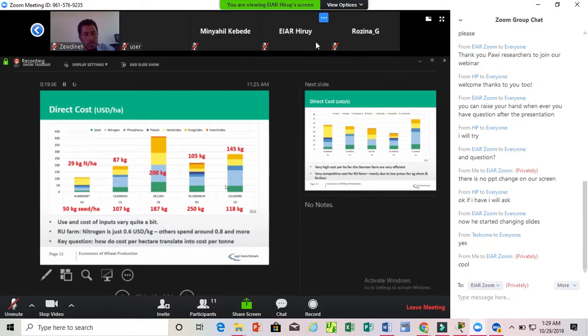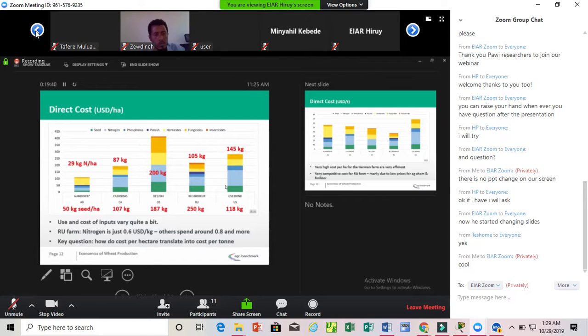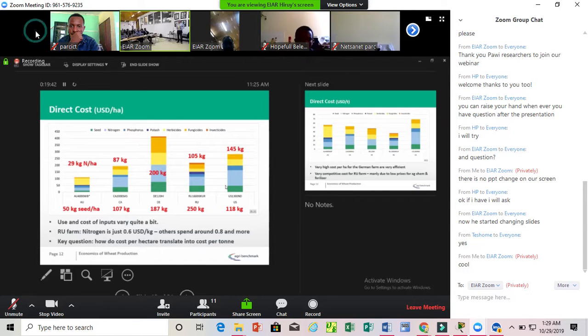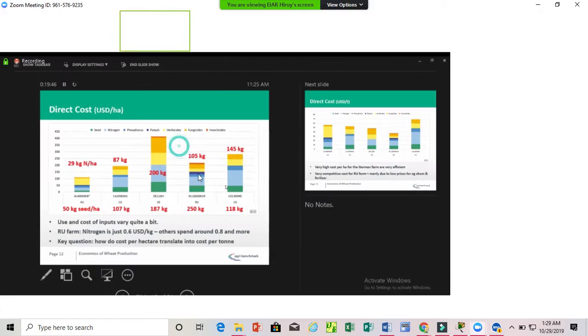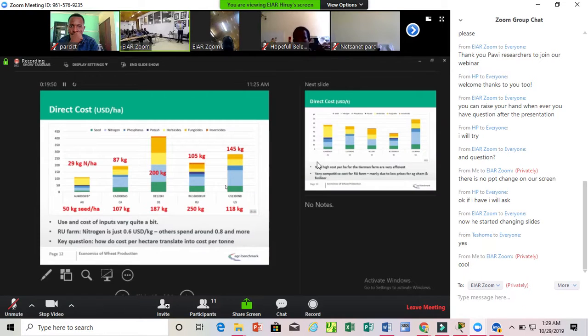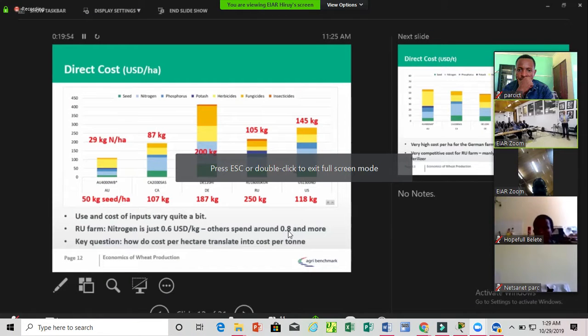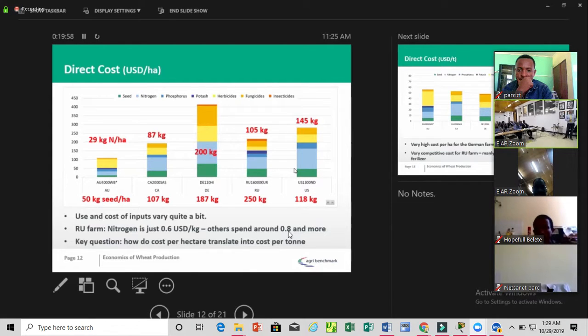The other key indicator, which I also wanted to share with you here, is the amount of seed that's being applied. So the Australian is, again, at the very low end, at only 50 kgs of seed. And here we have the strange situation that the Russian system is very, very high.